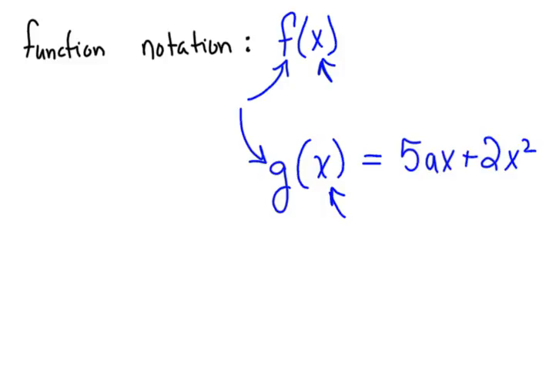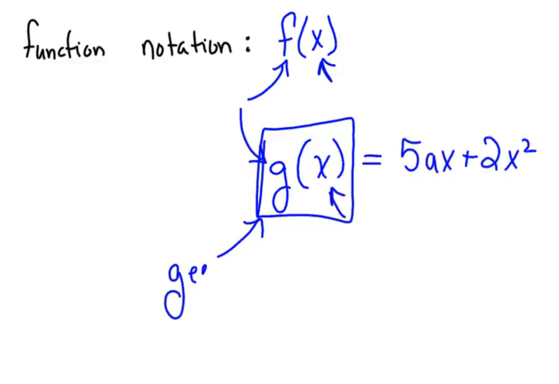Okay, and x is the variable, right? That's what function notation tells me. It tells me that no matter what other letters show up, my variable is x. And this part right here is read g of x. That is how it is read.